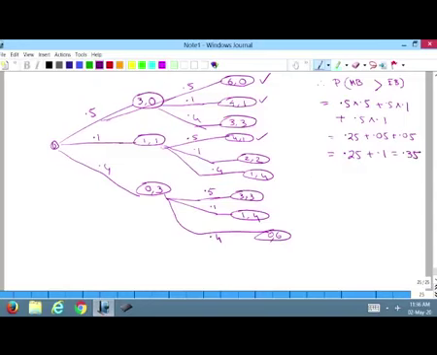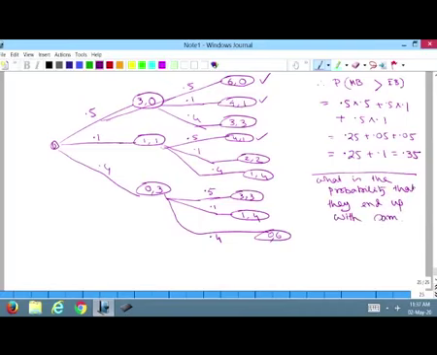Instead, if we asked what is the probability that they end up with the same points, then what would you do? You will look at the situations when they have the same points.